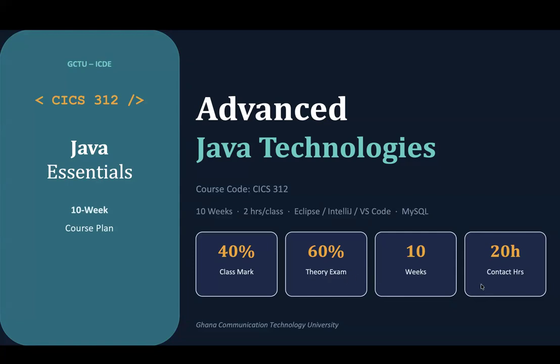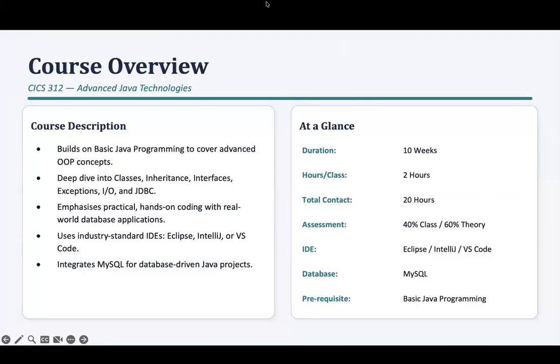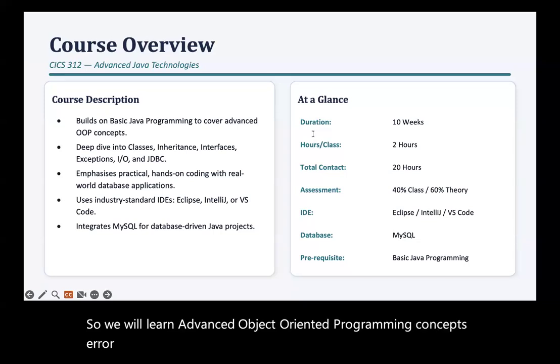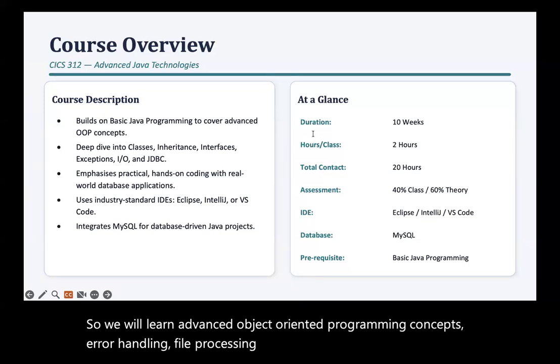All right. So we will start with the course outline and discuss what we'll be covering over the next 10 weeks. I hope you can see the slides. So this course builds on Java knowledge you already have. We will learn advanced object-oriented programming concepts, error handling, file processing, and database programming.